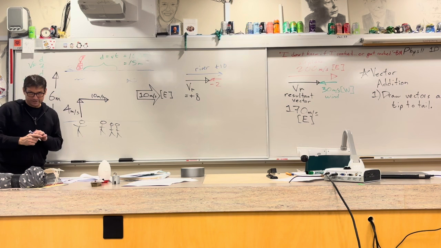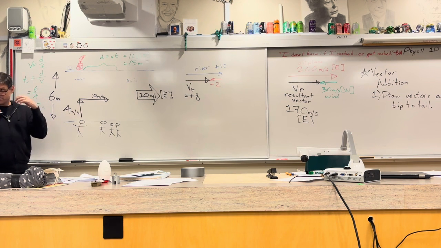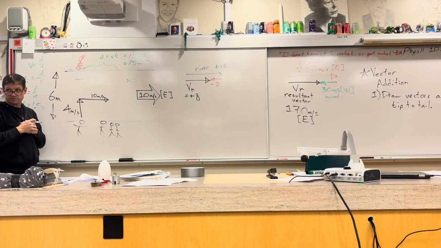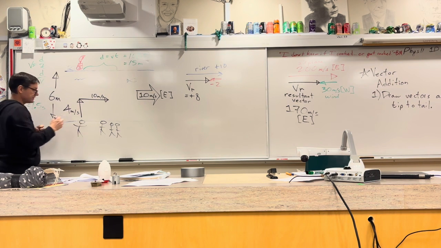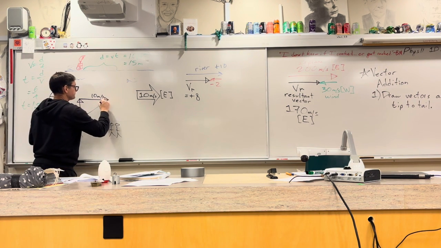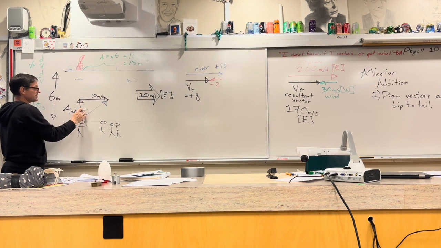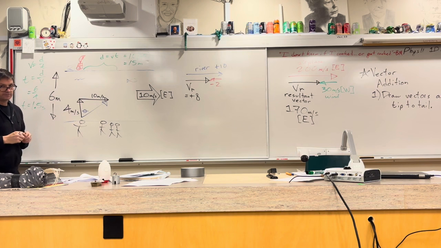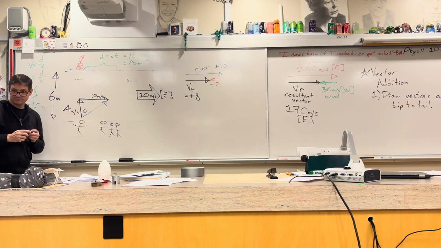And I'm sorry, but the resultant vector is not up or sideways. What does it look like? It's going to be this way, right? If we say this is our angle theta, you have to be able to tell me that angle. So we have to go back to trigonometry.